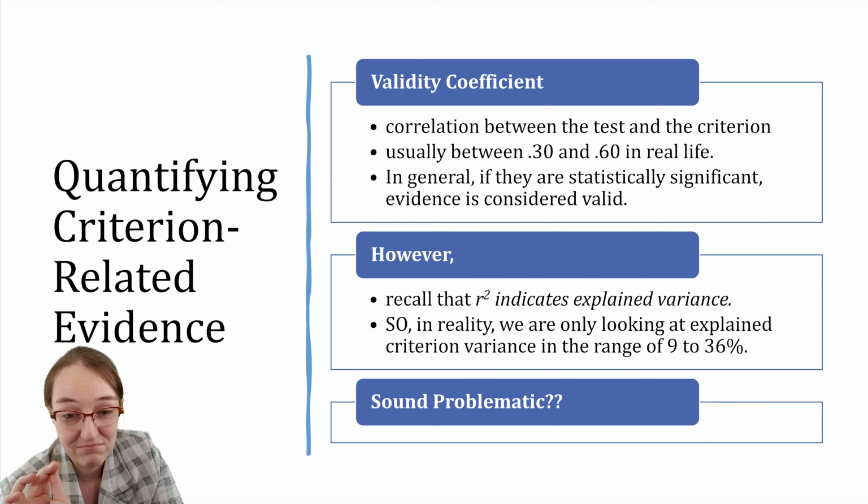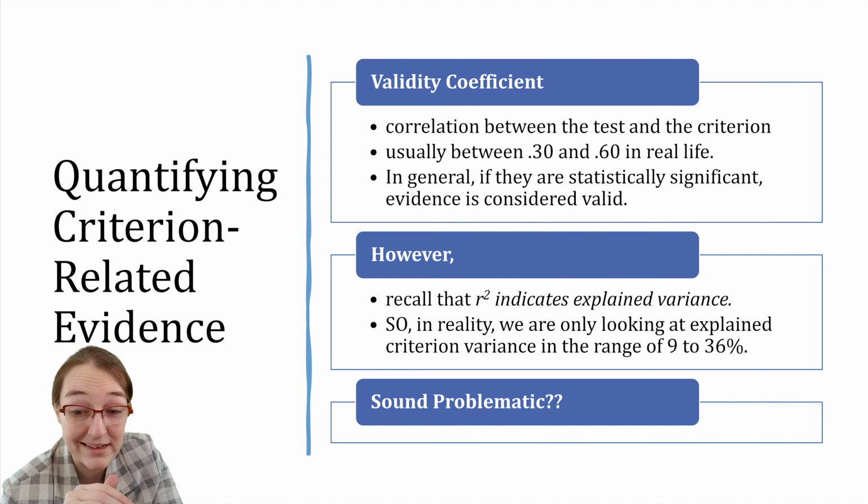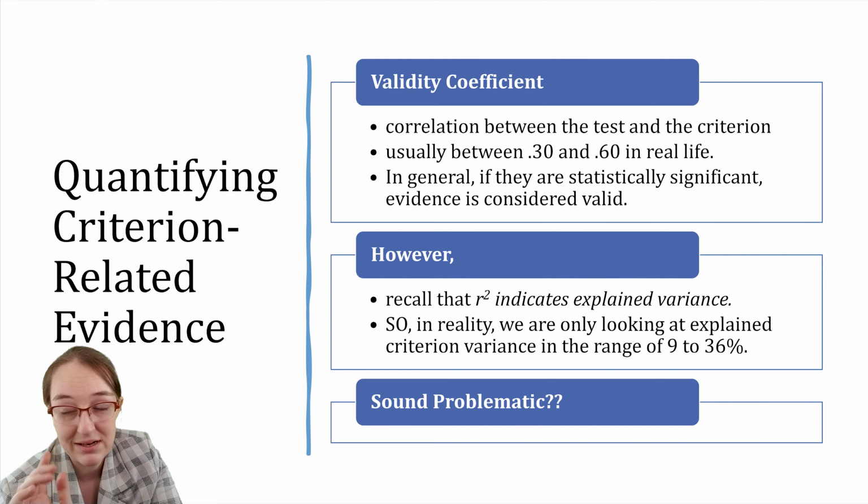And that squared means we have to effectively square the correlation between our effects to understand that proportion of variance. So in reality, what we're looking at here ranges from 9 to 36%. And that corresponds to our 0.3 and 0.6 correlations. It's not a ton.